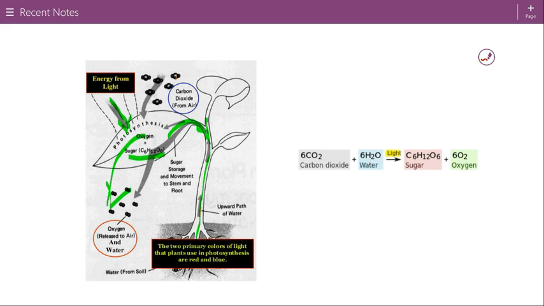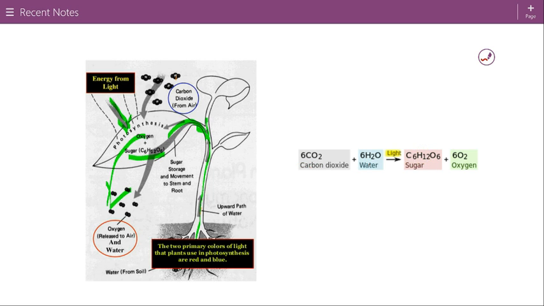We need to focus on how to get a lot of hydrogen, because we need 12 atoms of hydrogen to get this glucose molecule. In order to get 12, we're going to need 6 molecules of water. And then to get our 6 carbons, we're going to need 6 molecules of carbon dioxide.